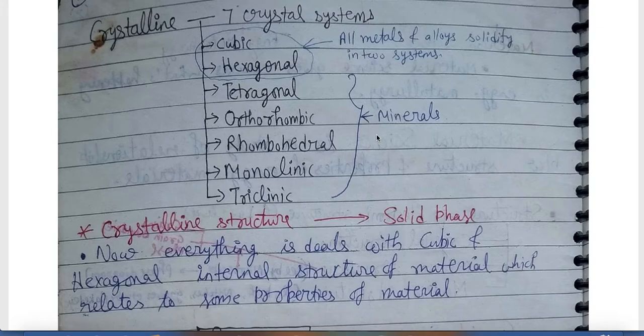So we will study these two in detail in our material science engineering subject. As of now, let's see what these compositions are and what the difference is between these seven crystal structures in detail.